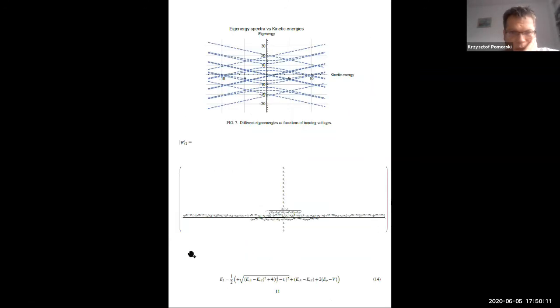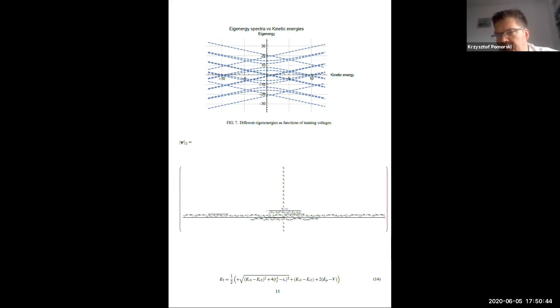All right, you can also play with the hopping constant in the superconductor. So basically, you have eigenenergy that depends on kinetic energy in such a way. And again here you are able to see a kind of quantum phase transition since ground states are exchanged. That's quite an interesting feature.